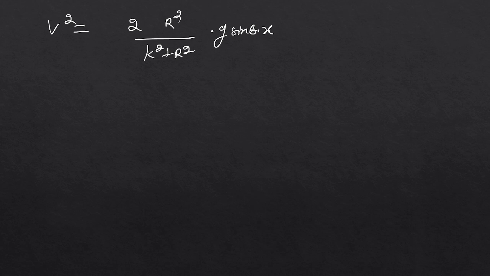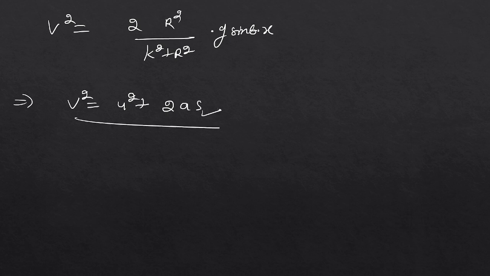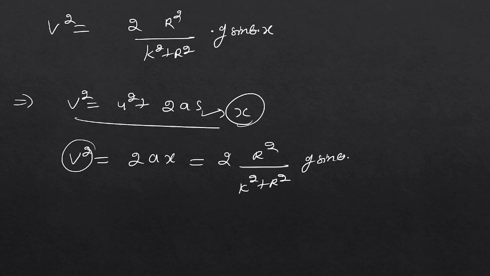Now place this value in the expression that we already know, v square is equal to u square plus 2as. S is the distance traveled, and here the distance is x. So v square is equal to 2ax, and we are placing the value of v square here, so don't be confused: 2 r square over k square plus r square, g sine theta x.